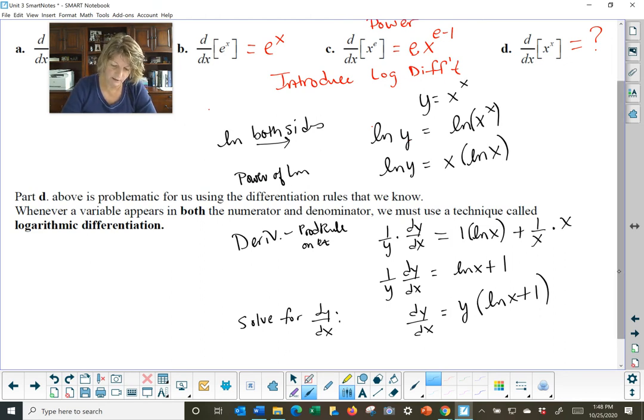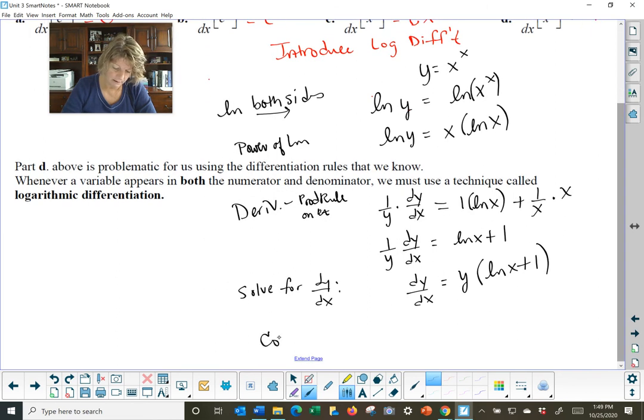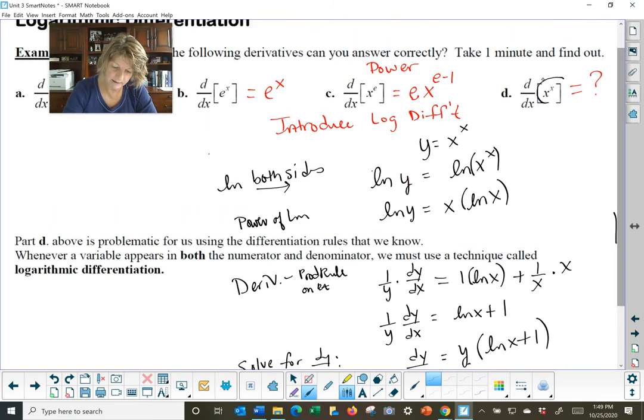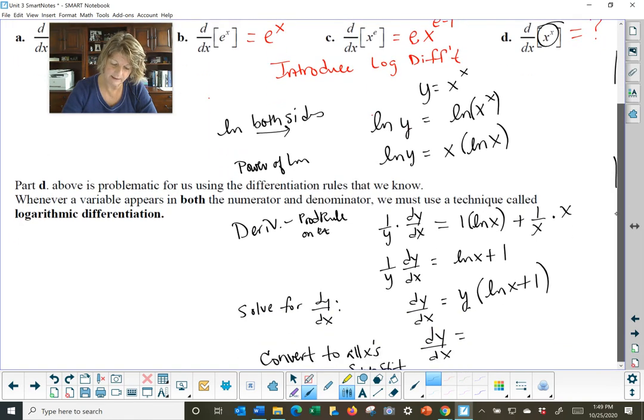If I wanted to convert to all x's, I would just use a substitution. Because I know what y is, so I could say dy dx is equal to, well, y started out as x to the x.